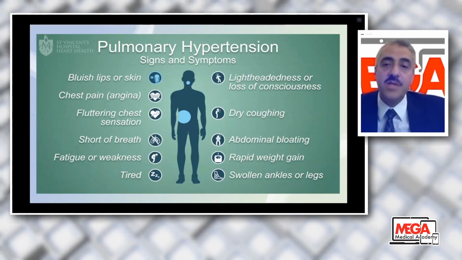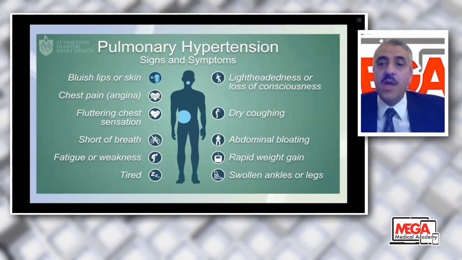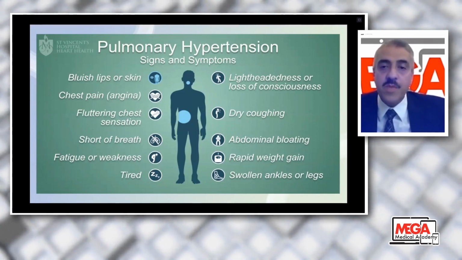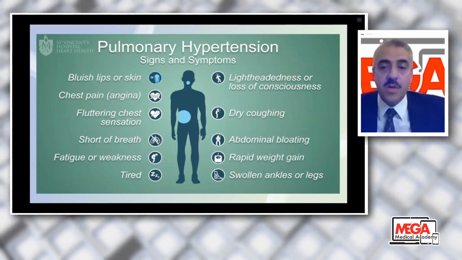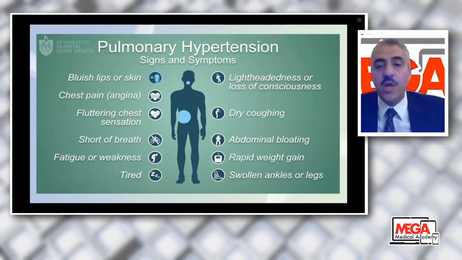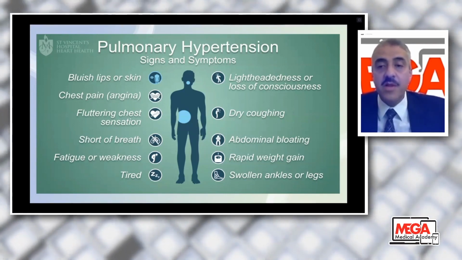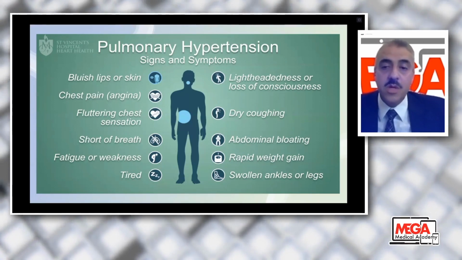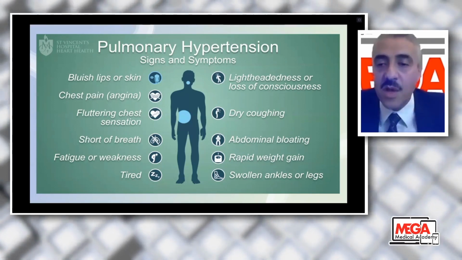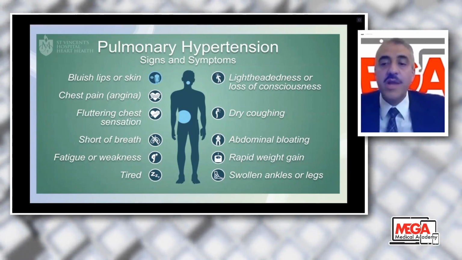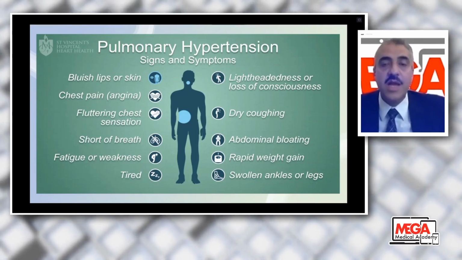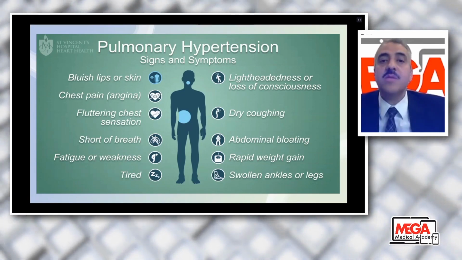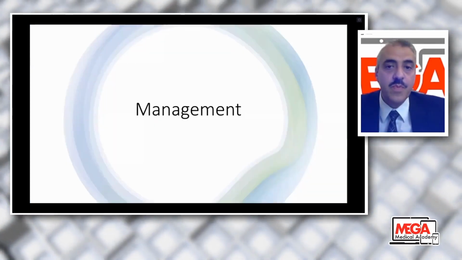Patients usually complain of tiredness, lightheadedness, and near syncope. Dry cough is common. And if the patient starts to go into right ventricular failure, there will be abdominal bloating, rapid weight gain, and swollen ankles or legs. These are the usual clinical findings in pulmonary hypertension.